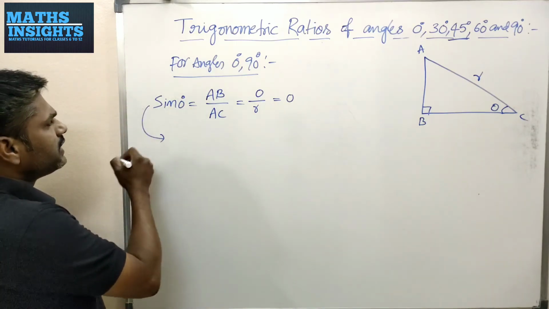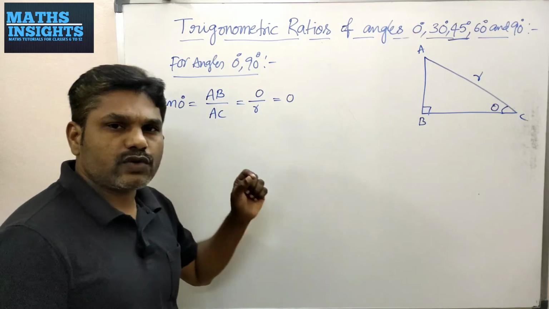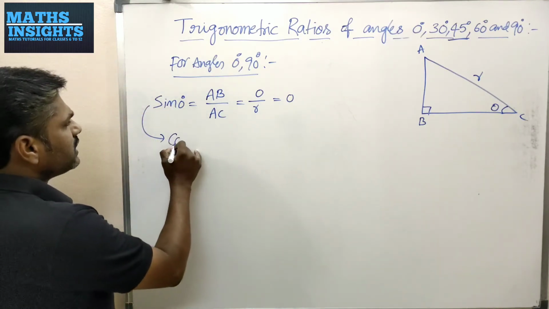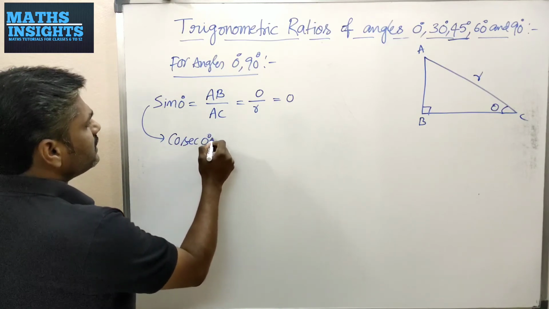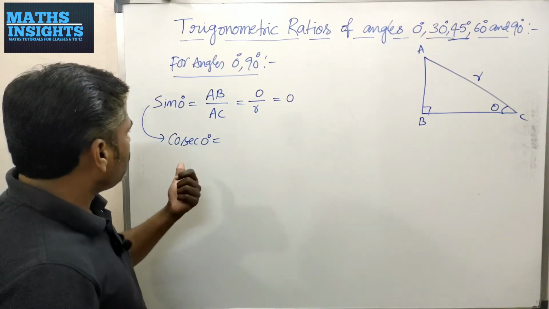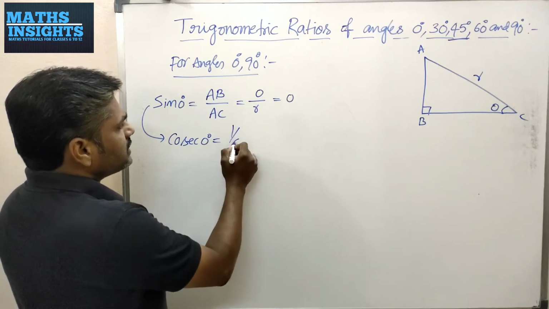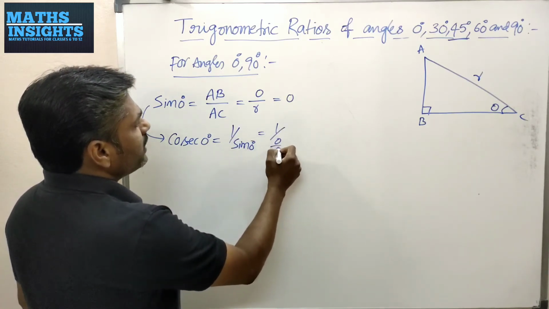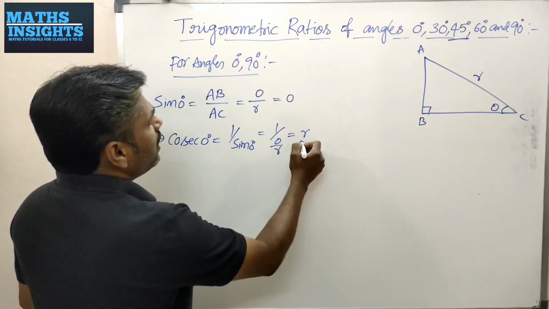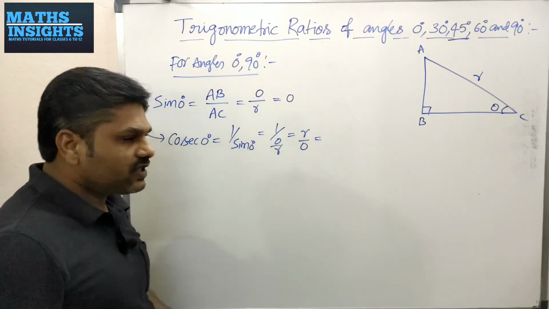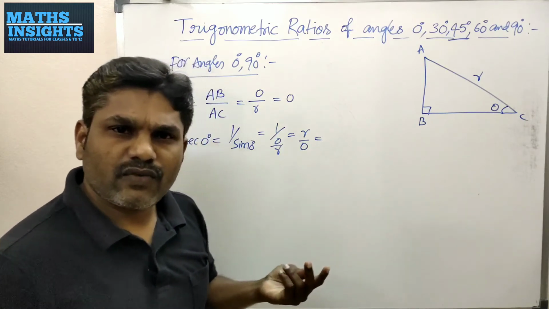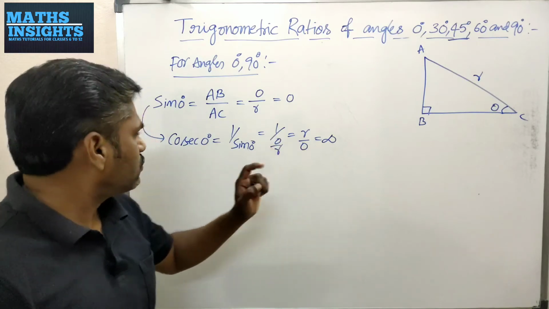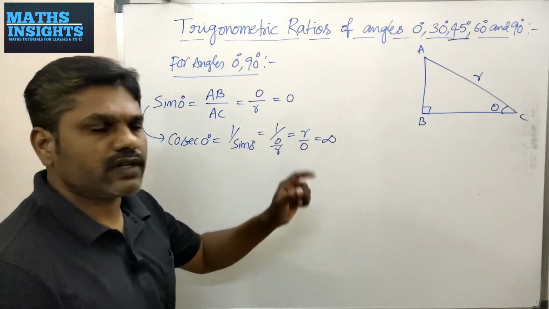Next, immediately take the trigonometric ratio which is reciprocal of this sine, that is cosecant 0. Cosecant 0 degrees is equals to 1 by sine 0 degrees, that is 1 by 0 by r, that implies r by 0. Division by 0 is undefined, therefore you may write it symbolically as infinity. So cosecant 0 is infinity.